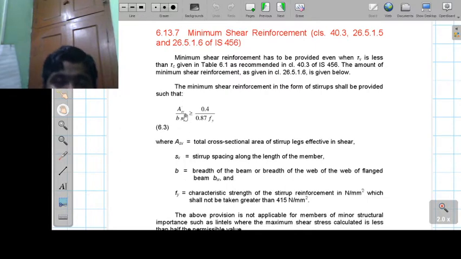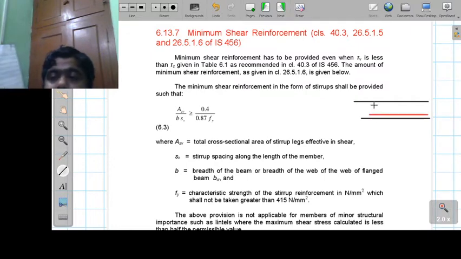Okay, now come to this new term. One is given Asv and sv. Sorry, sv is the stirrup spacing along the length of the member. Okay, what is the spacing along the length of the member? That is, suppose we are providing the stirrups like that. Say this is a beam. Okay, in this beam we have provided some main reinforcements here. Then what we have to do?